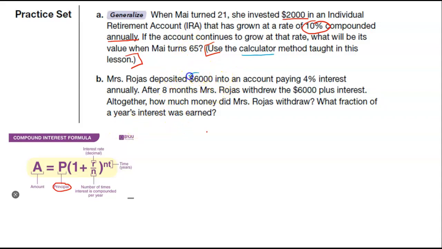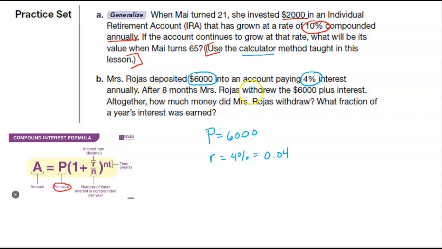It says that Miss Rojas deposited $6,000. That's going to be my principal, into an account paying 4% interest. My interest is R, and it's supposed to be as a decimal, annually.